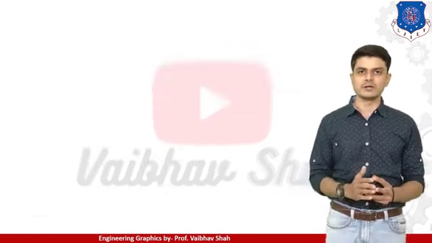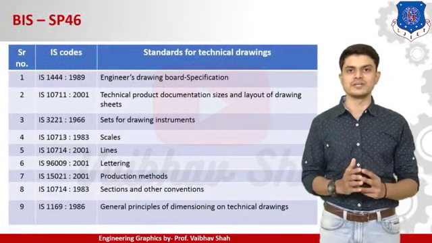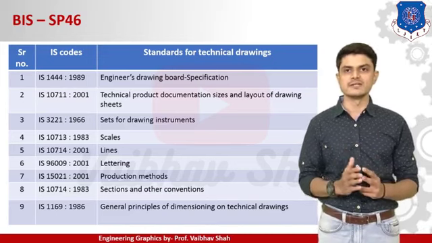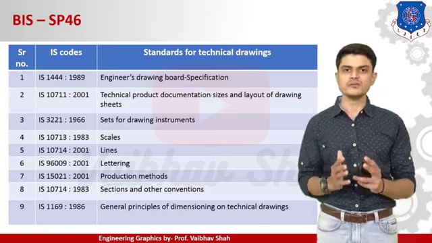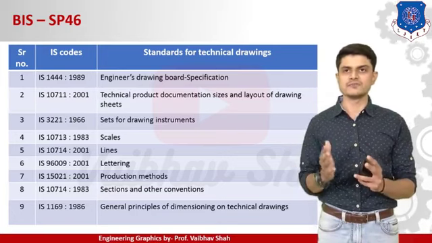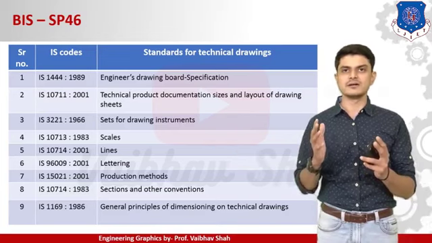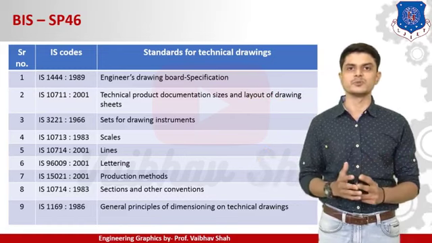Now let us see what BIS standards mean. There is one question repeatedly asked in your examination: a brief note about BIS SP 46 standards. These are the BIS Special Publication 46 standards. First we have the IS codes for these standards, which are standards for technical drawing. These are the various purposes for which we are going to use these standards.